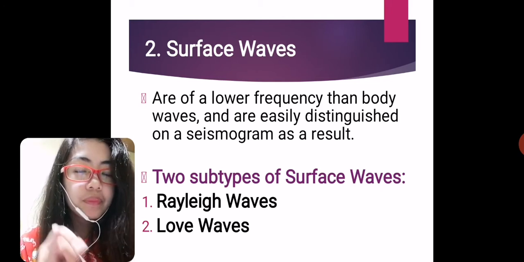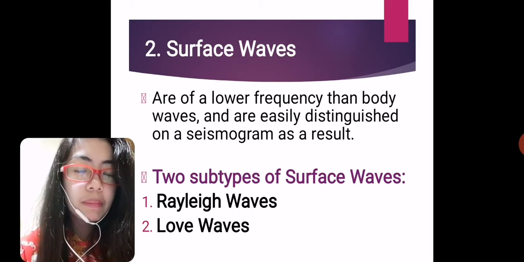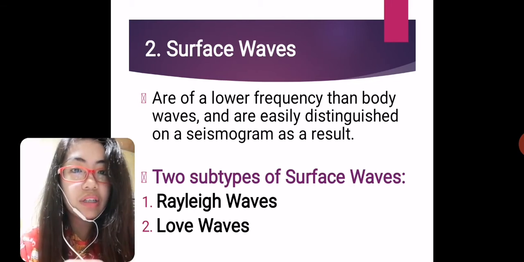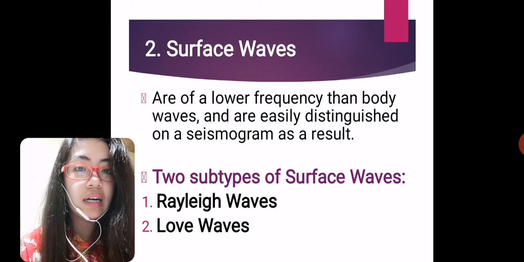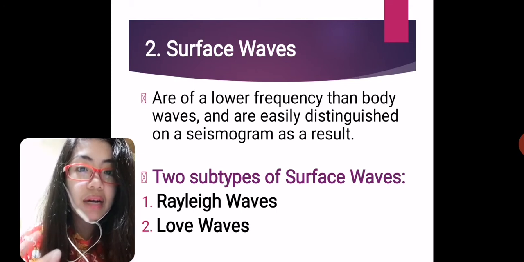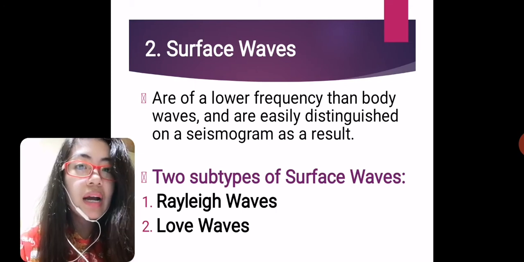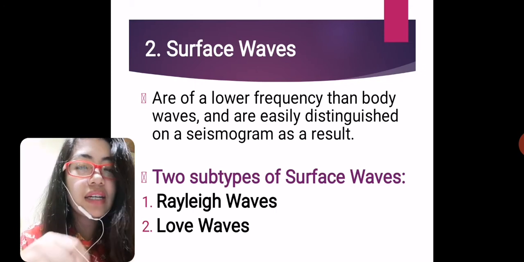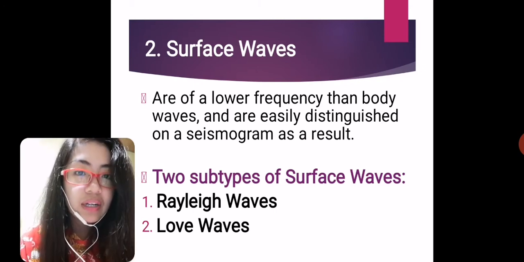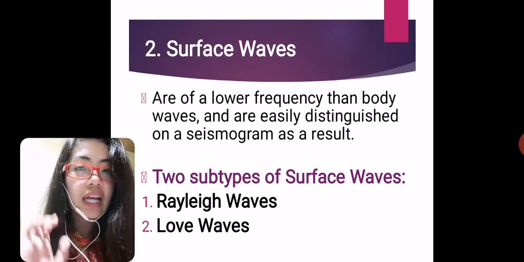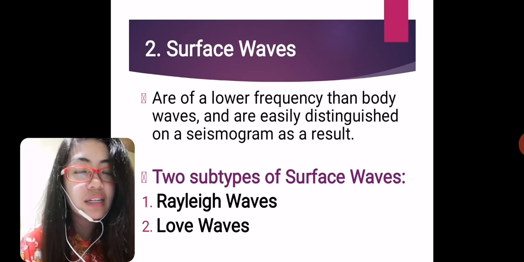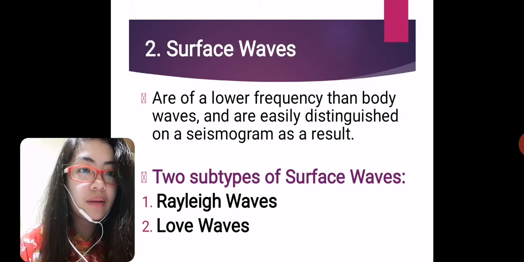Or, last video, may pinakita ko dong instrument na ginagamit in order to identify kung gano'n kalakas yung ating magnitude. So, ang ina-identify kasi nun is yung wave. Gaano kalaki or kadami na yung wave na nare-receive nila from the epicenter ng earthquake.